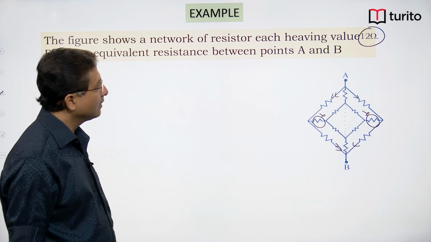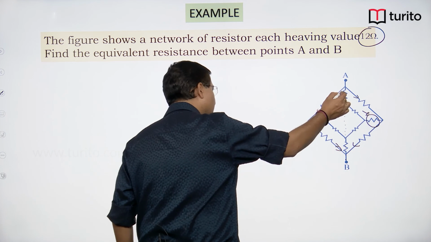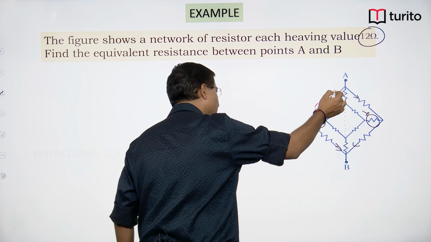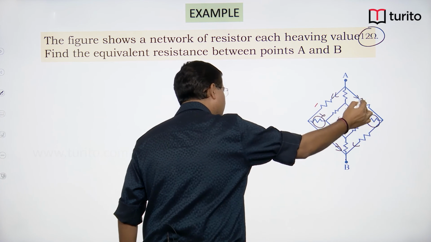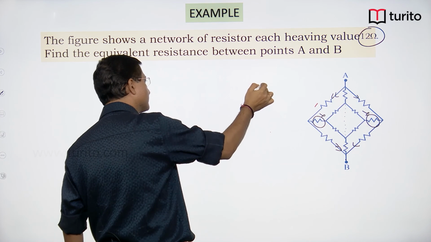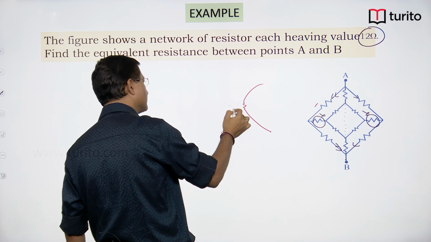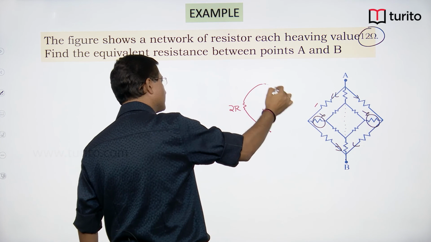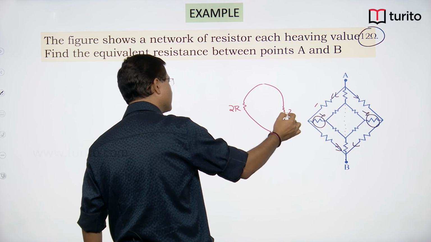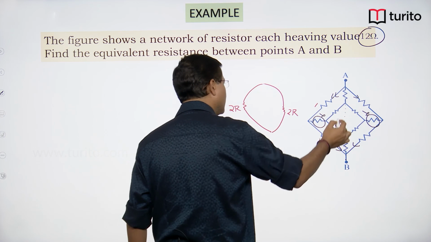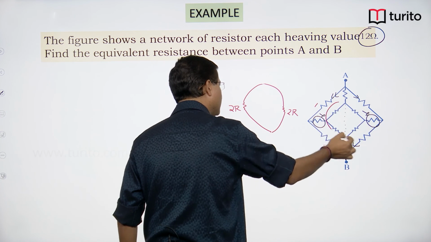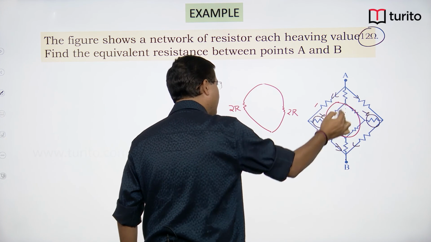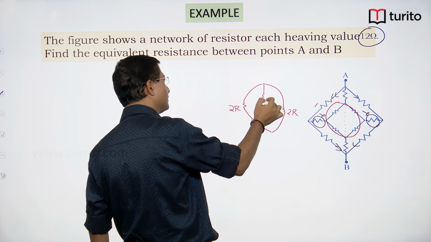Okay. And here look at this part, this is 2R, this is 2R. This is R, this is R, only this part is R, R, R, R, 3R.